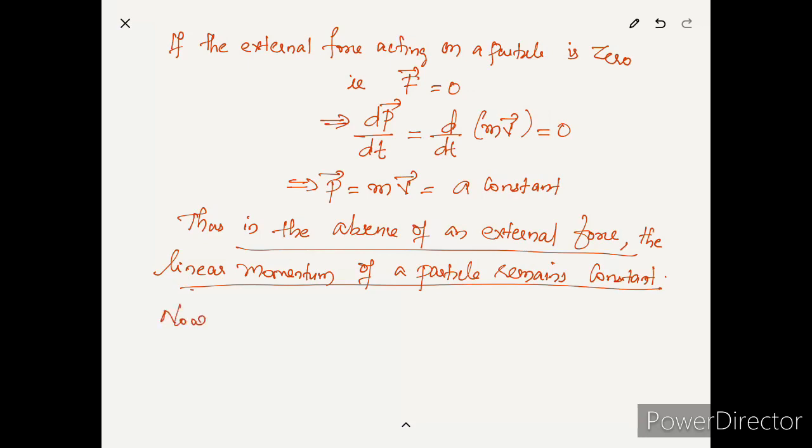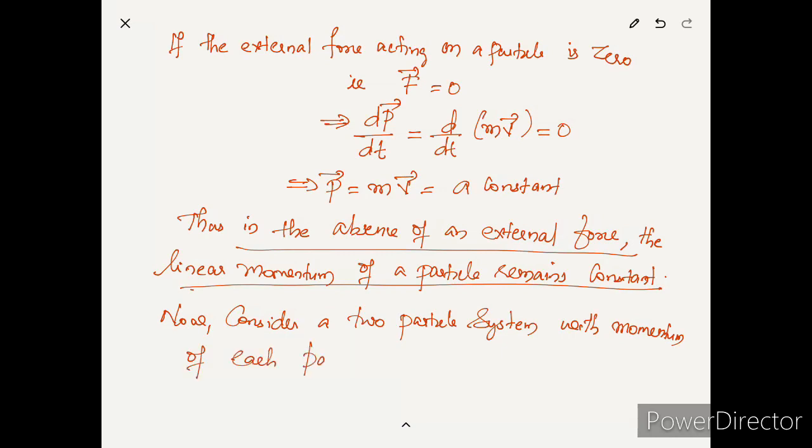Now consider a two-particle system, with the momentum of each particle being P1 and P2.